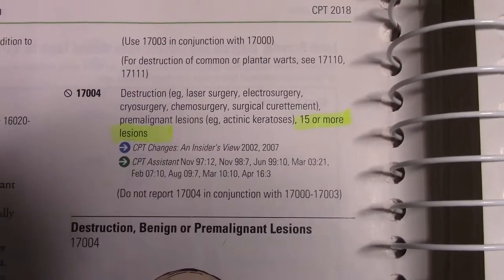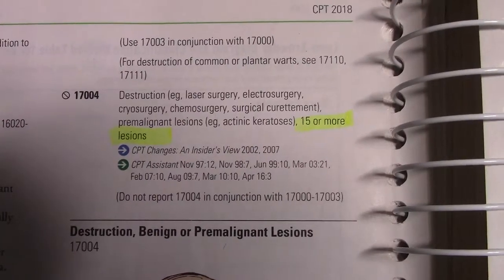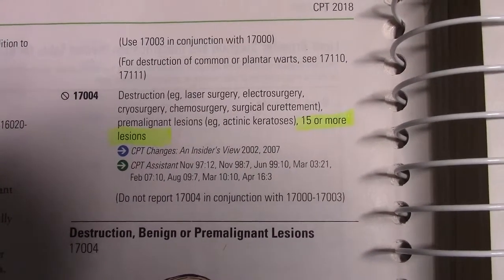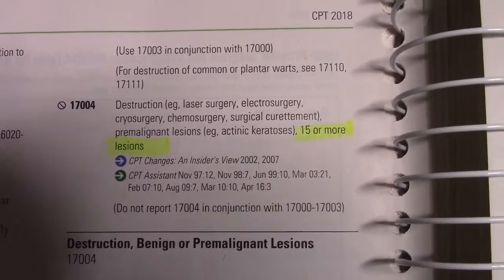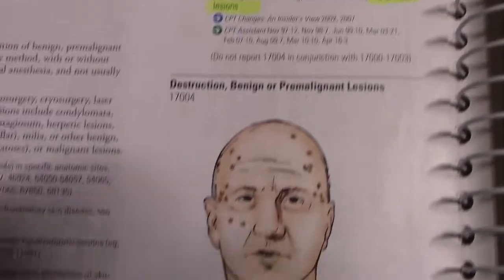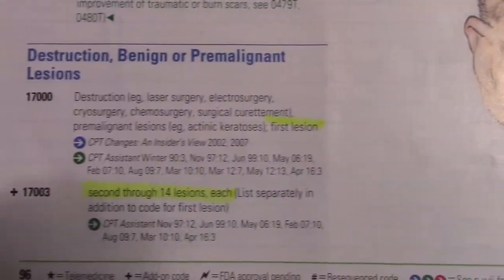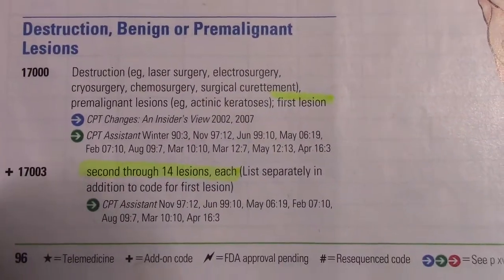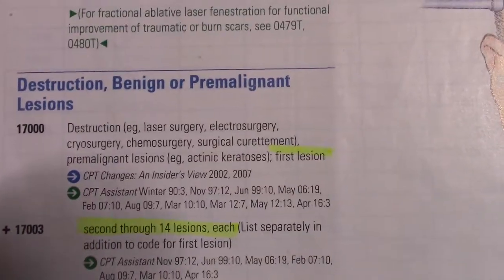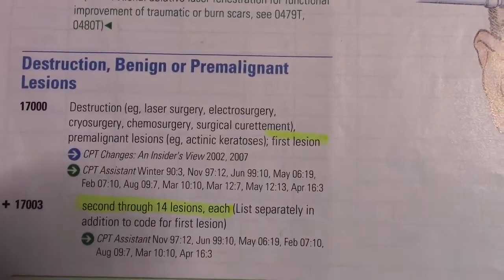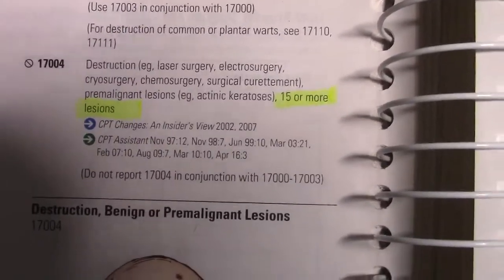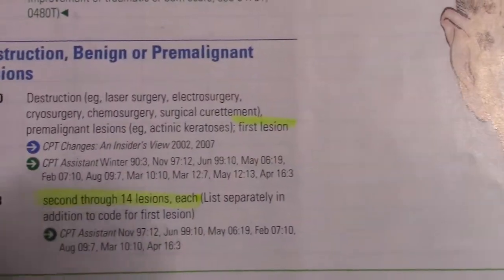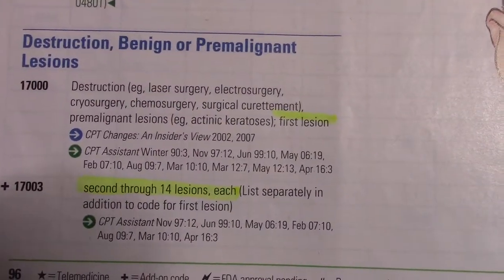Those are examples of MUEs where the number of lesions removed comes into play. You cannot use these codes any other way. You can't just jump and use 17003 for removal of lesions 2nd through 14 without identifying one. Okay? But you can't use these and then turn and identify 17004 in addition to the 17000 and 17003.